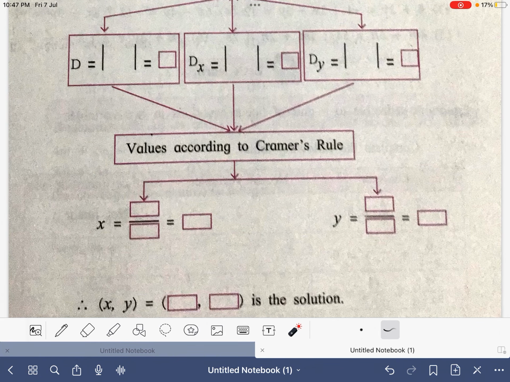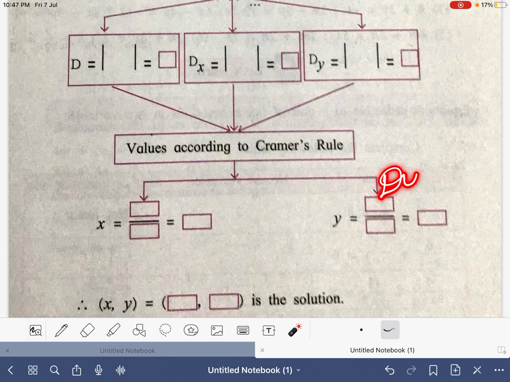And similarly, by the formula, x is nothing but Dx upon D. Whatever the value of Dx, put it here, the value of D you put here and find the value of x.